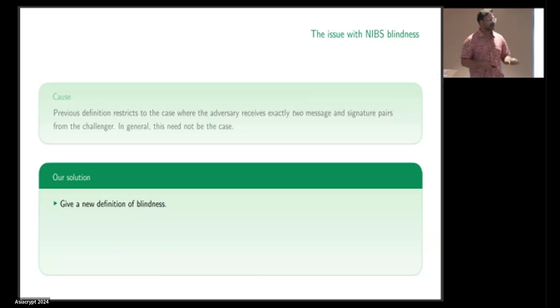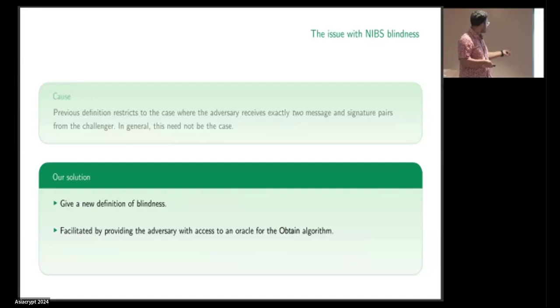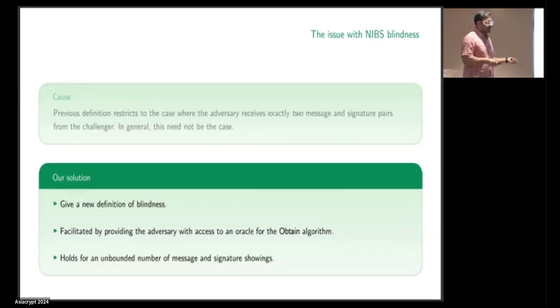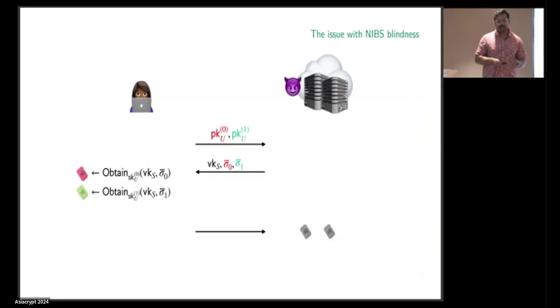And in this work, we begin by fixing this. The way we do that is by providing the adversary with access to an oracle, an obtain oracle, where the adversary can make pre-signature queries and get back as many message-signatures as it wants. And so now the security should hold for an unbounded number of queries.